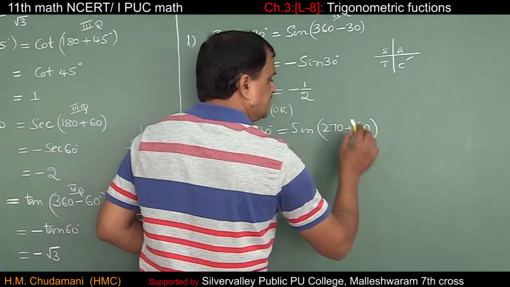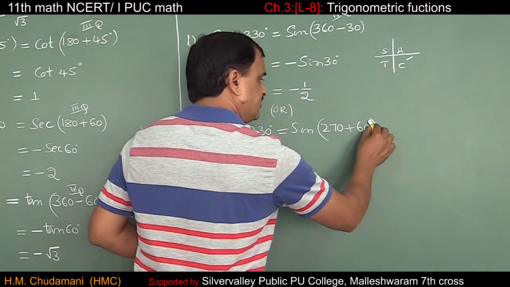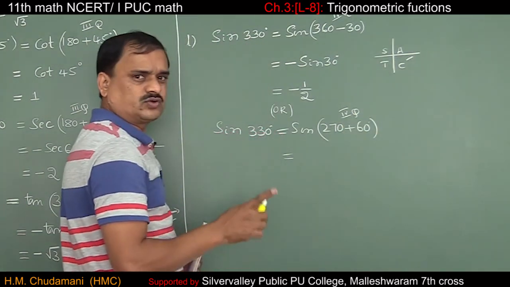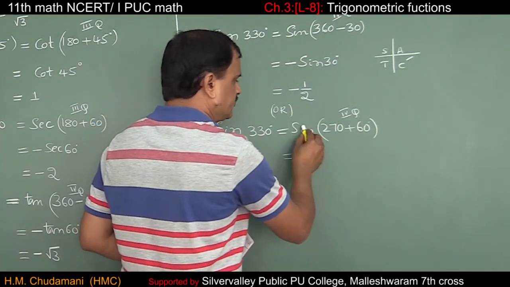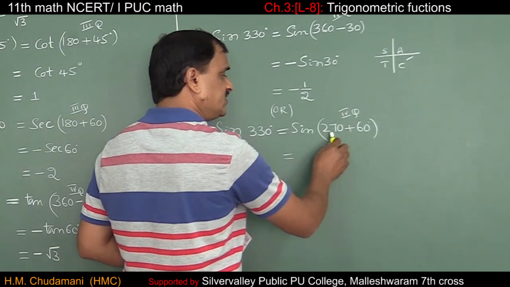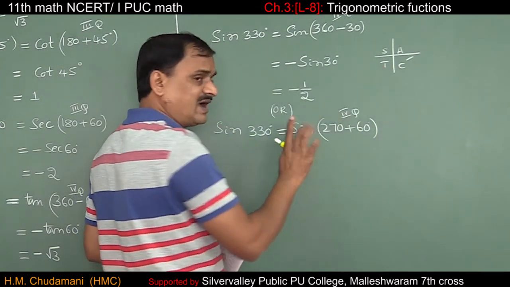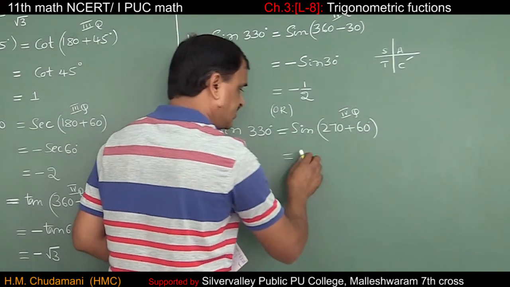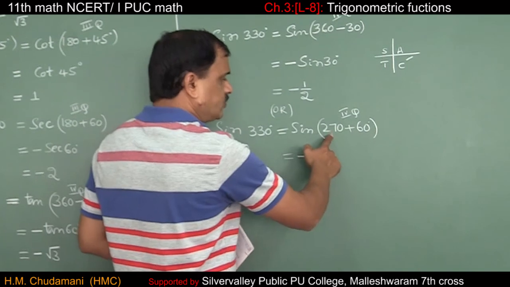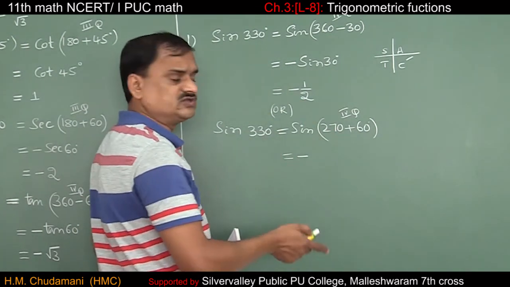So 270 plus 60 again lies in the fourth quadrant only. In the fourth quadrant, cos and secant are positive, whereas sin is negative. So with 270, the trigonometric function changes.